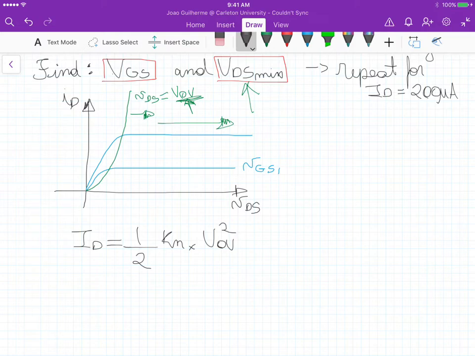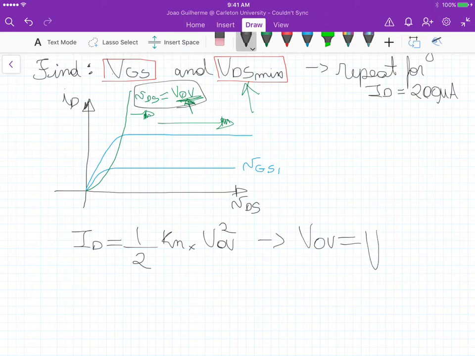So if we isolate the overdrive voltage in this equation, that's one of the quantities that we need to define, because with the overdrive voltage we can define the minimum VDS and VGS. Let's first isolate VOV here.